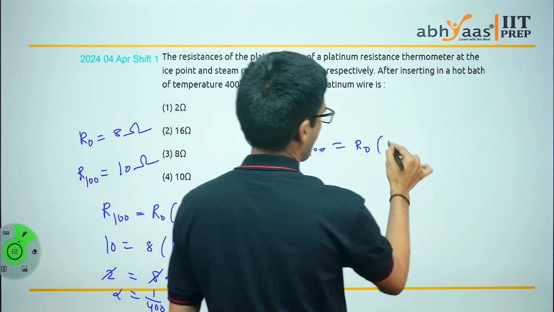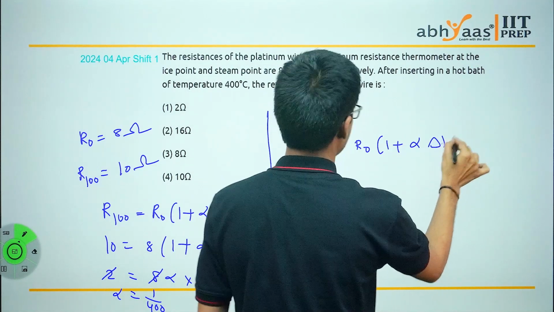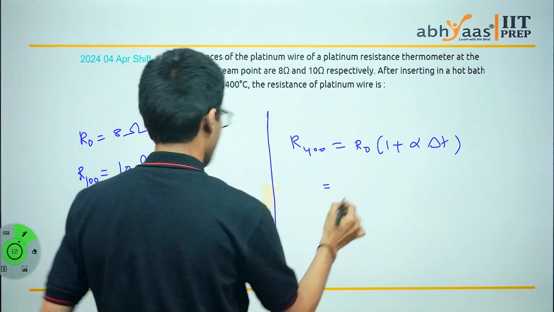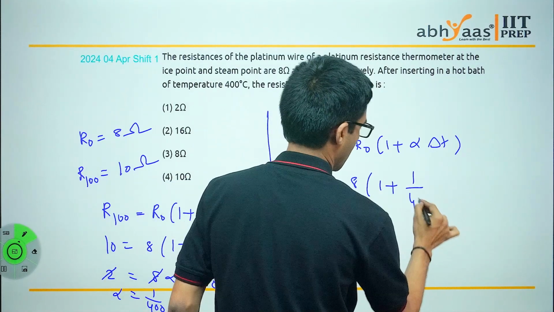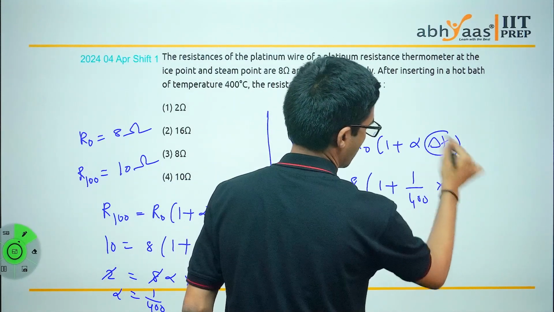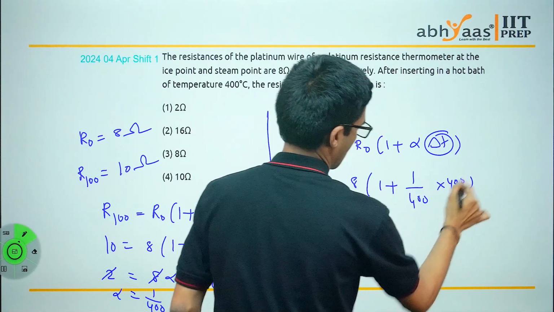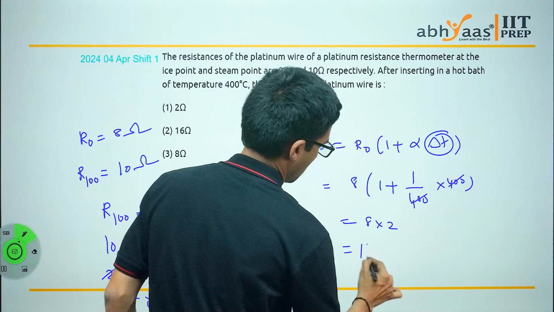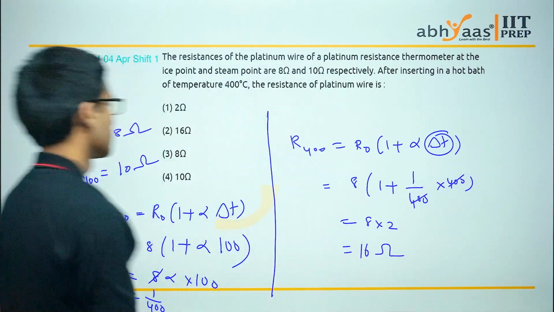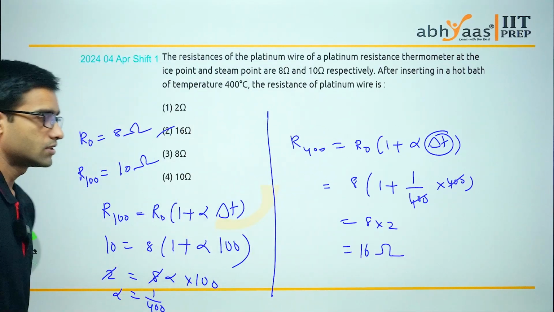R400 is equal to R0 into (1 plus alpha delta t), same formula. R0 is 8, so 8 into (1 plus 1 by 400 into temperature difference 400). Finally this gets cancelled: 8 into 2, that is 16 ohms. This is the answer.